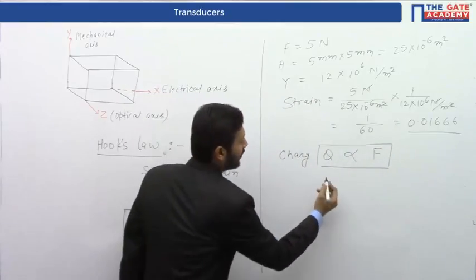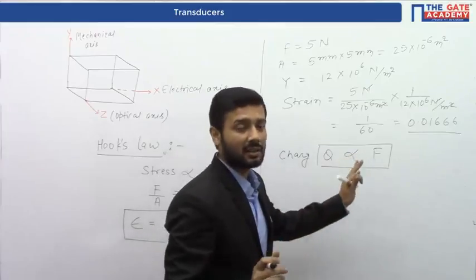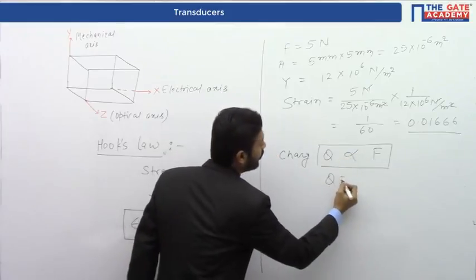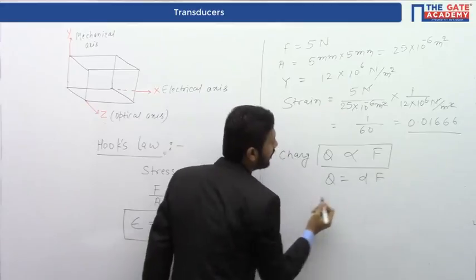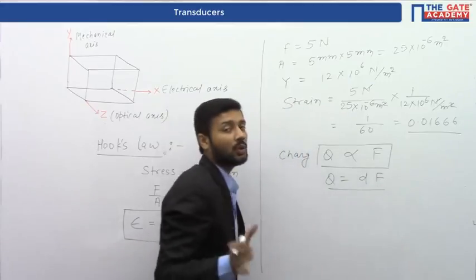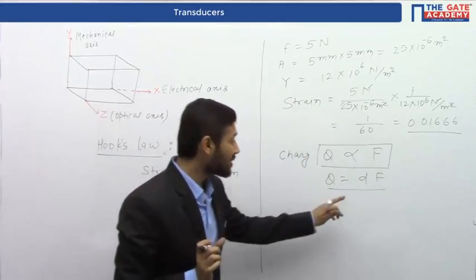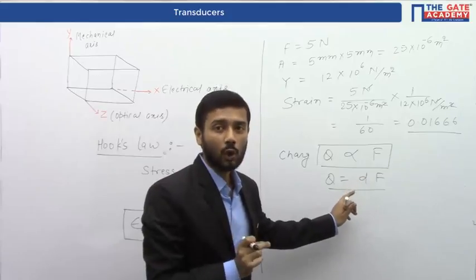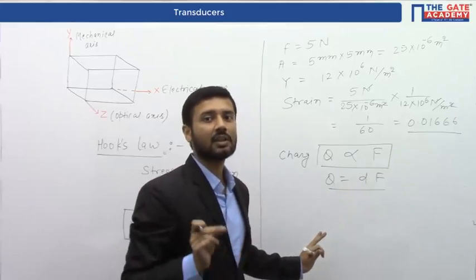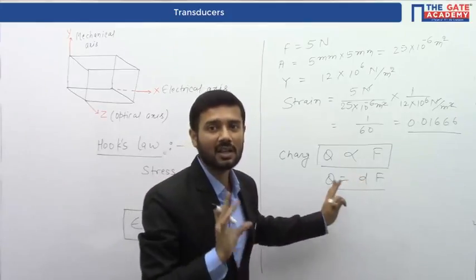So we have to remove this proportionality. We can write Q equals D into F, where this coefficient D is known as the charge coefficient.